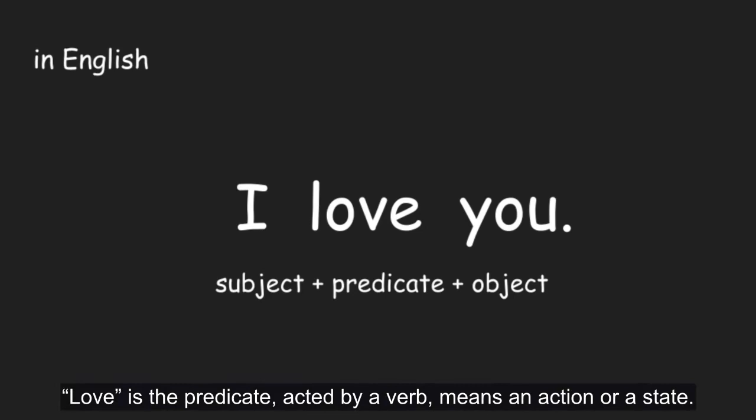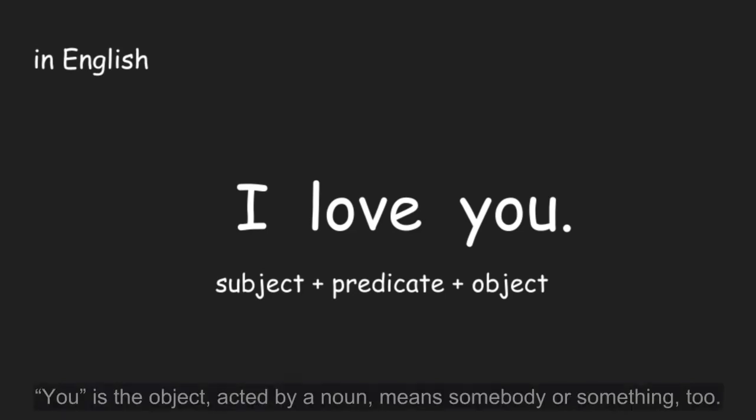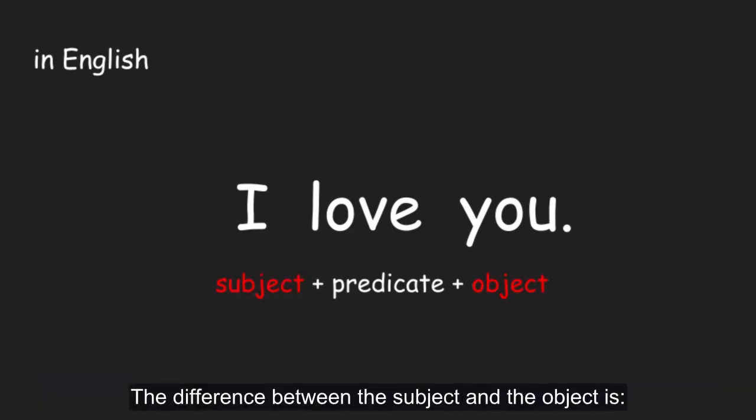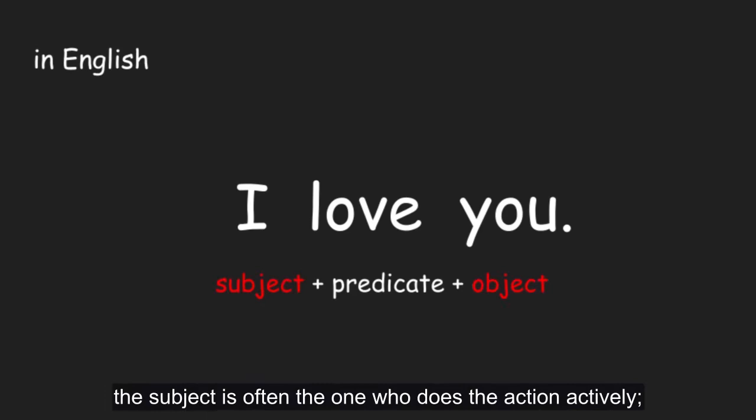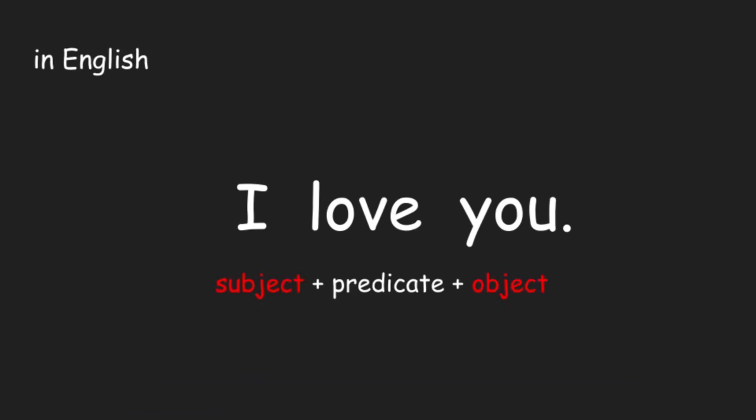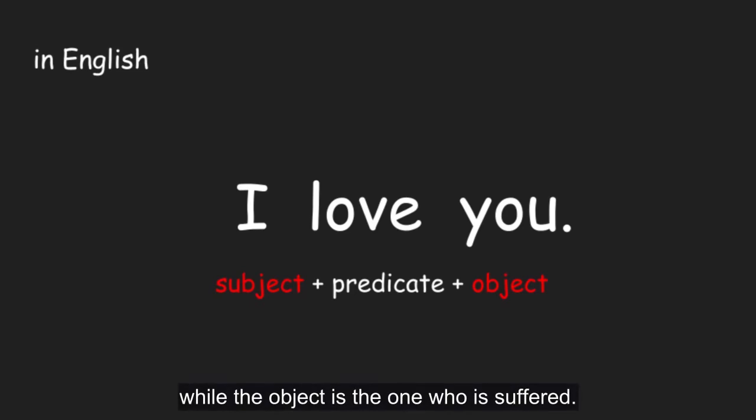Acted by a verb, meaning an action or a state. You is the object. Acted by a noun, meaning somebody or something too. The difference between the subject and the object is that the subject is often the one who does the action actively, while the object is the one who is suffering.